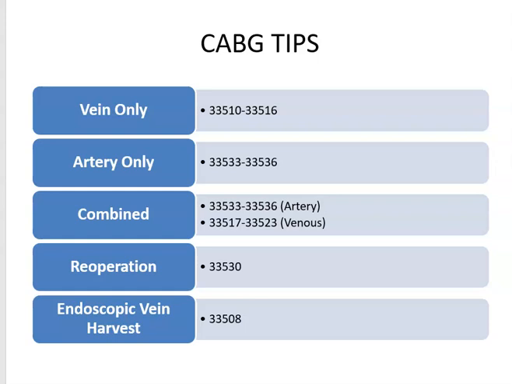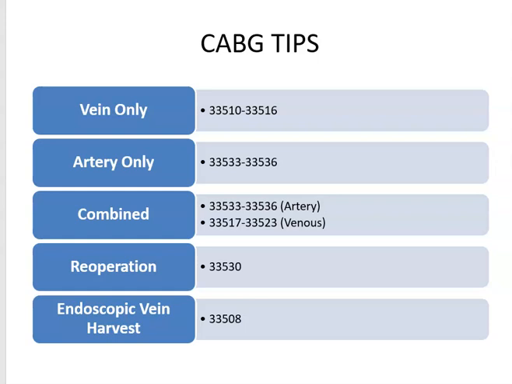All right, so you heard me mention earlier, and go back over to page 231 in the CPT manual, that procurement of the saphenous vein is included in the description of the work for the vein graft codes only, and the vein graft codes only are on page 231, 33510 to 33516.